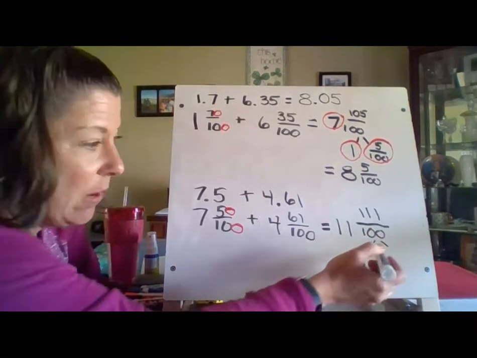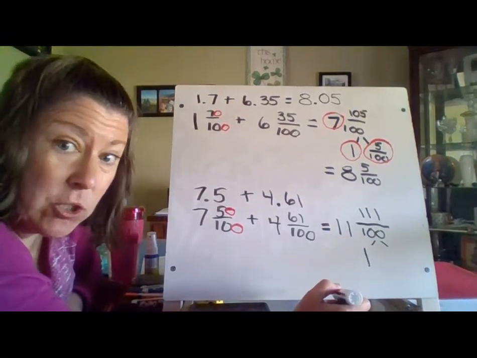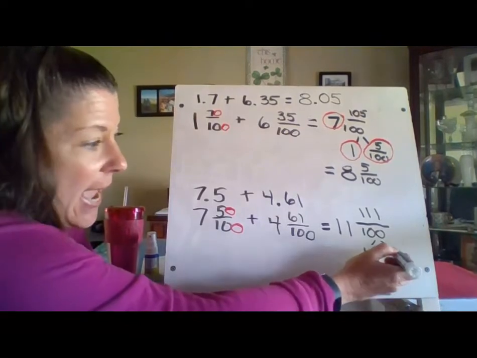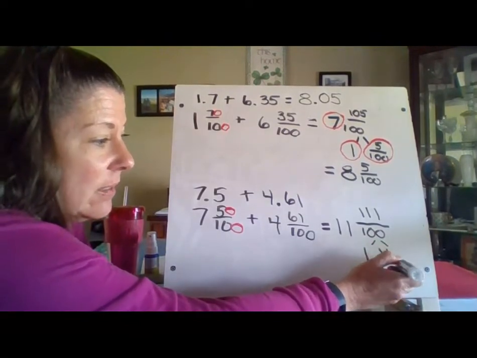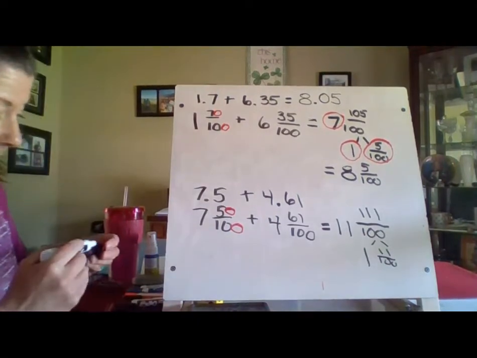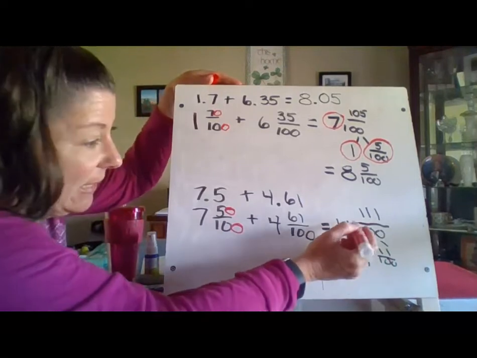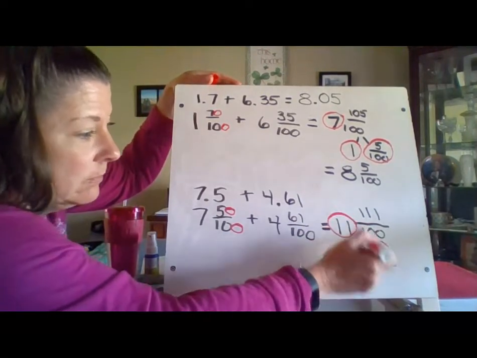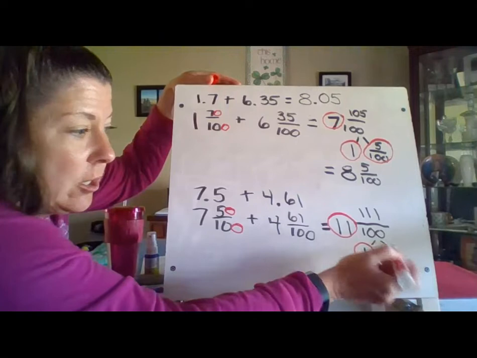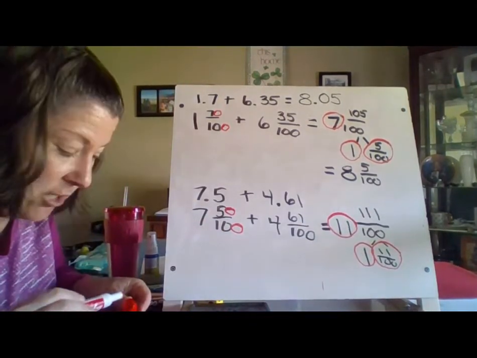I know I can get one whole, which is 100/100ths. And I still have 11/100ths left over. So now I have my 11, another 1, and 11/100ths.